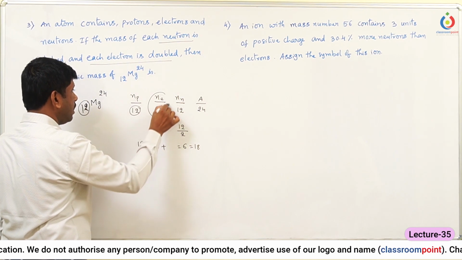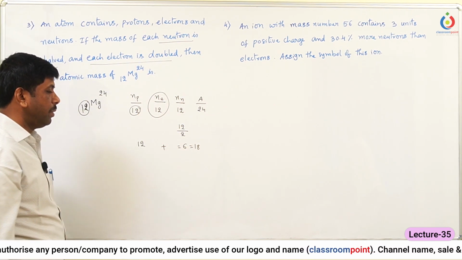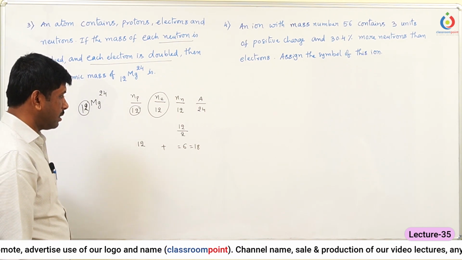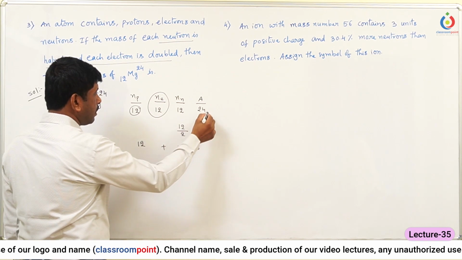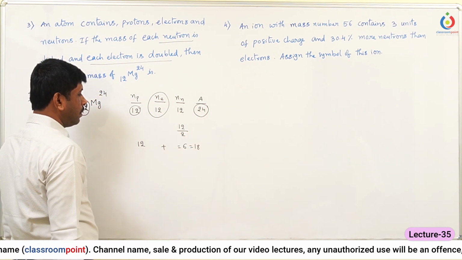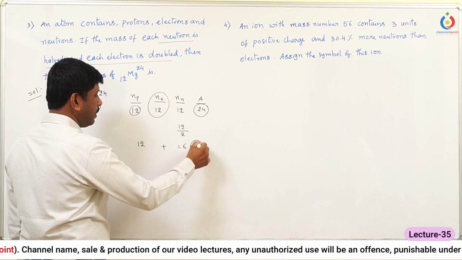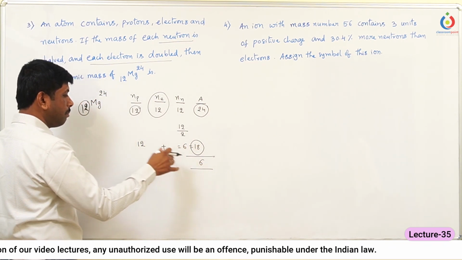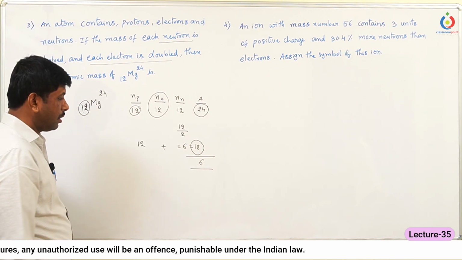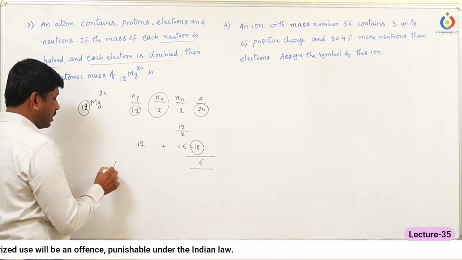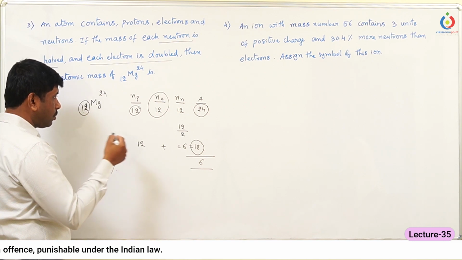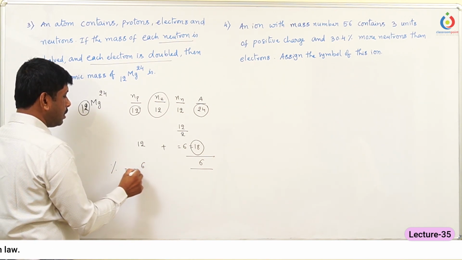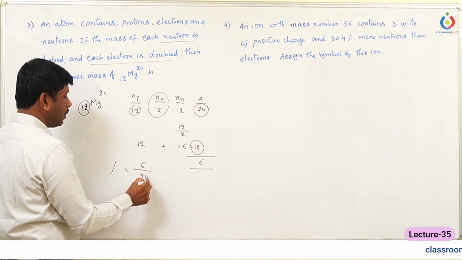As we discussed earlier, electrons do not contribute anything towards the mass of the atom as they are massless particles. So the original mass of the atom is 24. Now the new mass of the atom is 18. The difference is 6, meaning this much mass is lost. So the percentage of mass lost by this element equals 6 divided by the total mass 24 times 100.